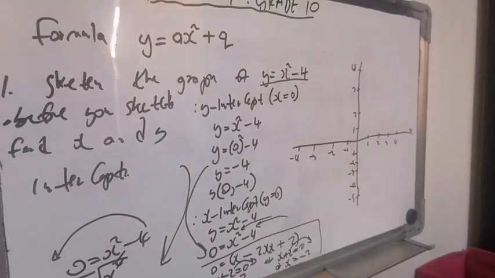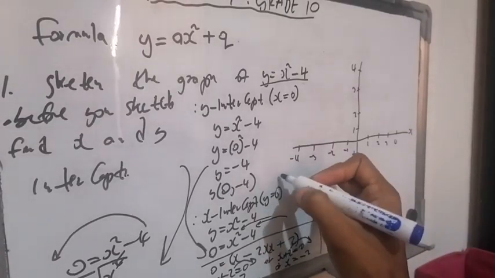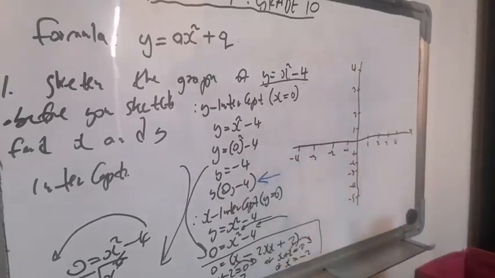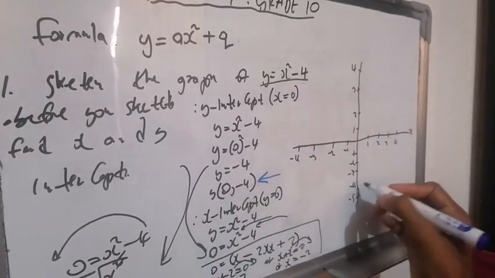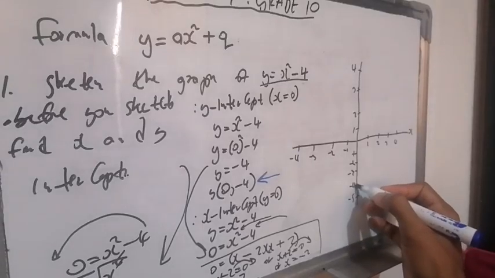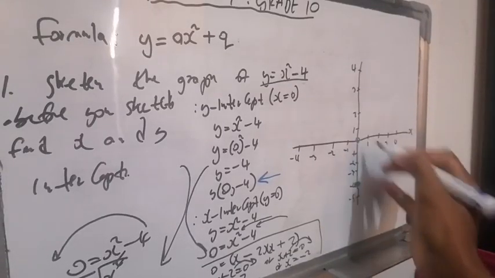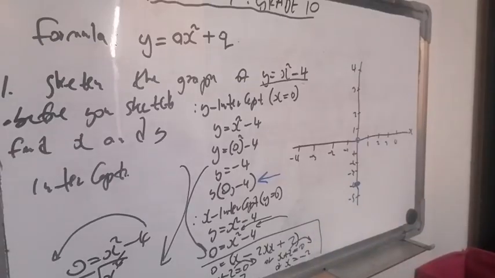Therefore, this is how you start. You check the y-intercept. It tells you that you're gonna have to touch -4 where x is 0, and it's absolutely here, because if you go up there, you're gonna meet the 0. So that is the point of the y-intercept.